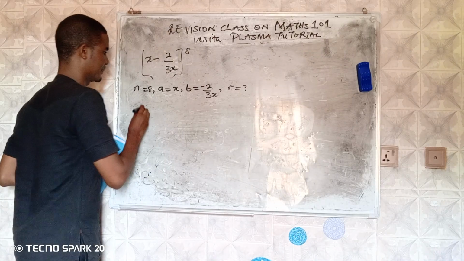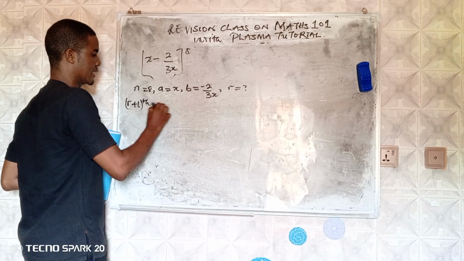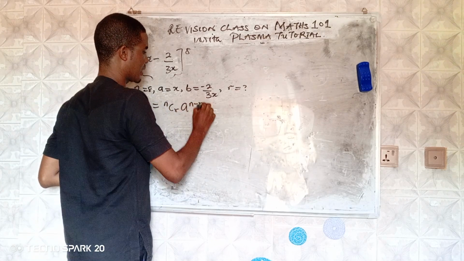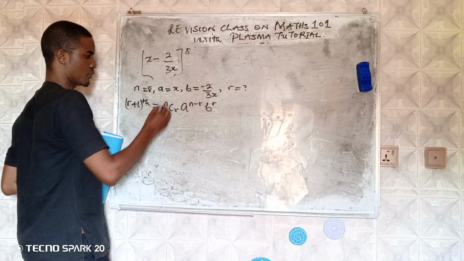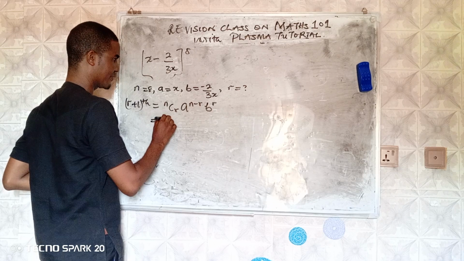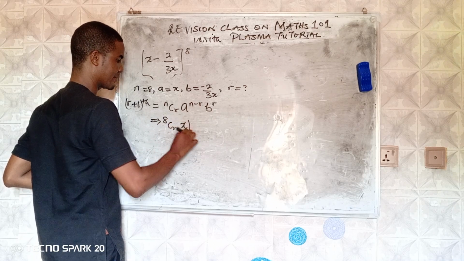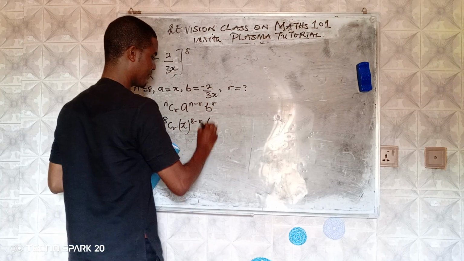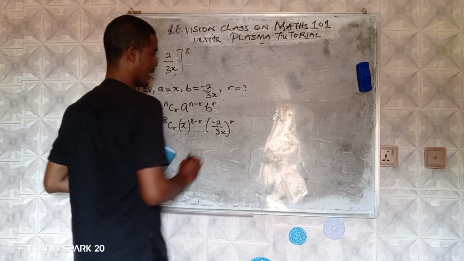So using the (r+1)th term is equal to n combined r, a^(n-r), b^r, I fill in: 8 combined r, x raised to power 8 minus r, then minus 2 over 3x raised to power r.